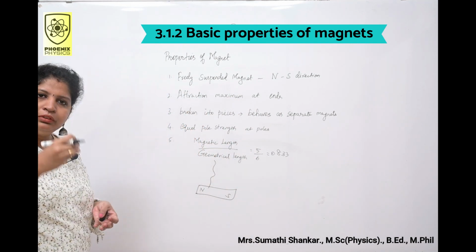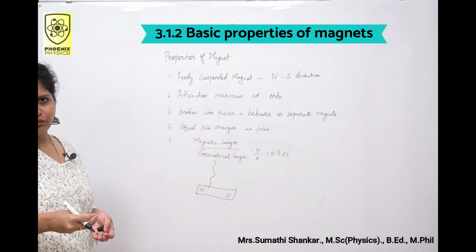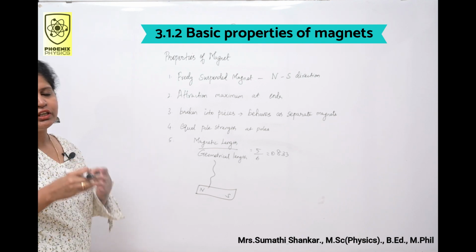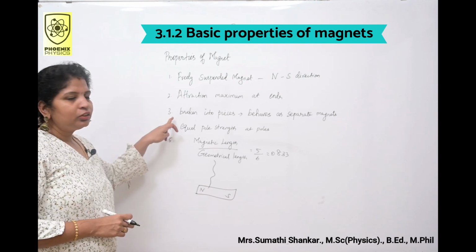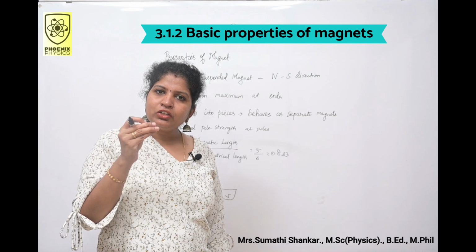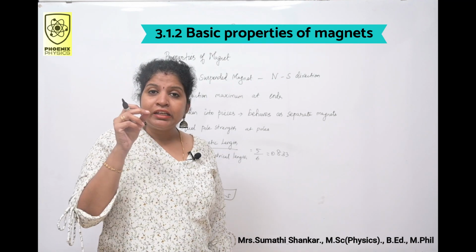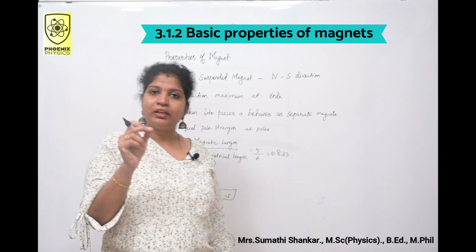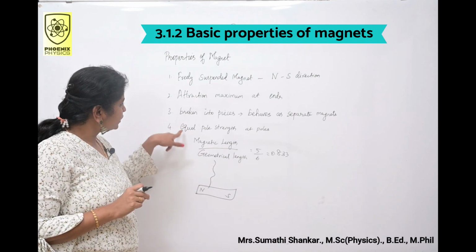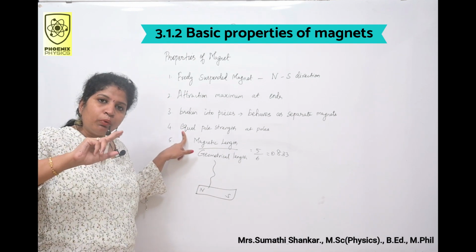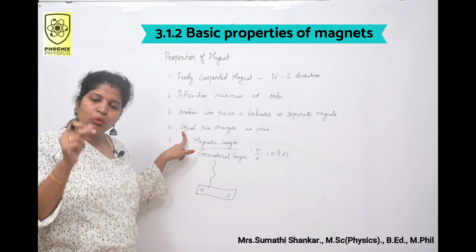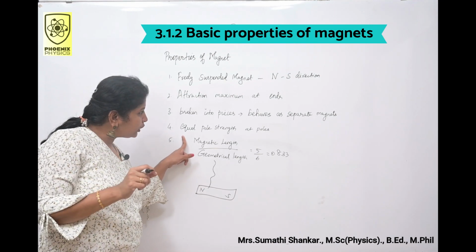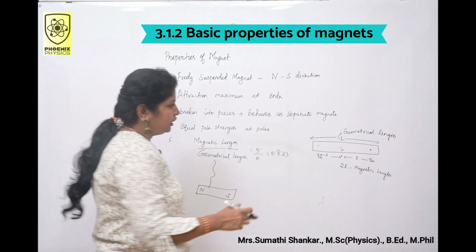When you dip the magnet into the iron filings, they cling to the ends of the magnet. Third one, when the magnet is broken into pieces, each piece behaves like a magnet. Then two poles of the magnet have pole strength equal to one another.